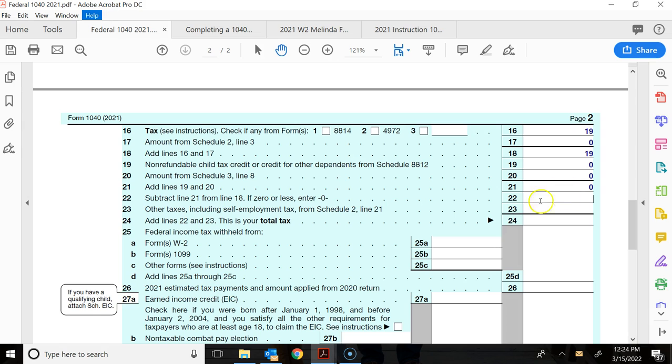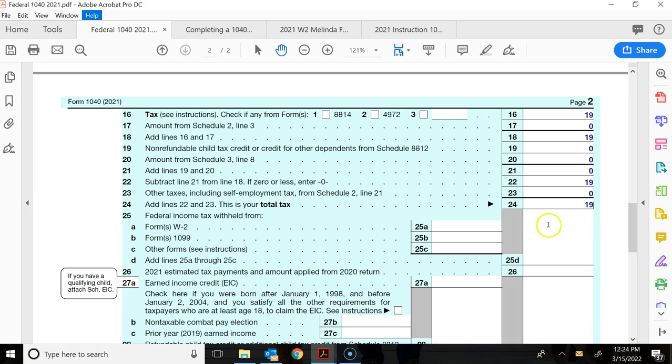So that's going to leave us with our 19 still. 23 is a 0. 24 says add lines 22 and 23, which leaves us with 19. That is our total tax, so the total amount of taxes you have to pay.